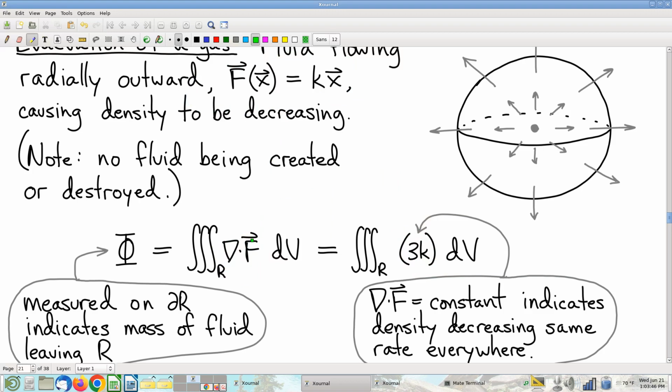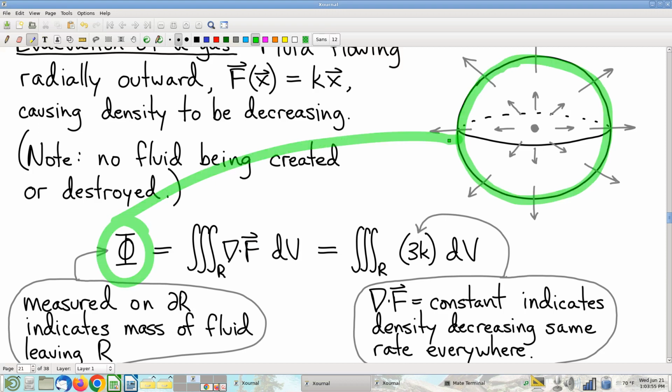Okay, so let's make an interpretation then. What do I make of there being a flux through this sphere? What does that represent? Well, of course, it represents the gas leaving the sphere. How much of the gas is leaving the sphere? How much mass of gas is no longer inside the sphere? Mass that was inside of the sphere is moving out to where it's not inside of the sphere.